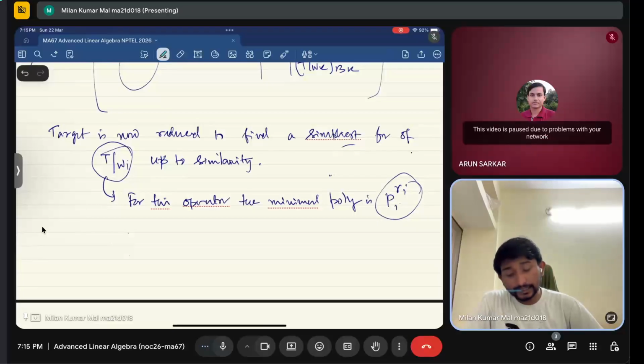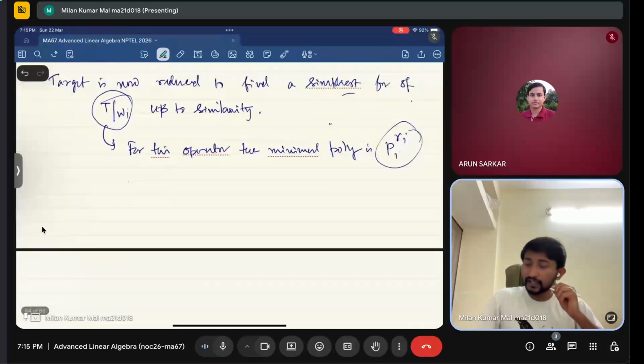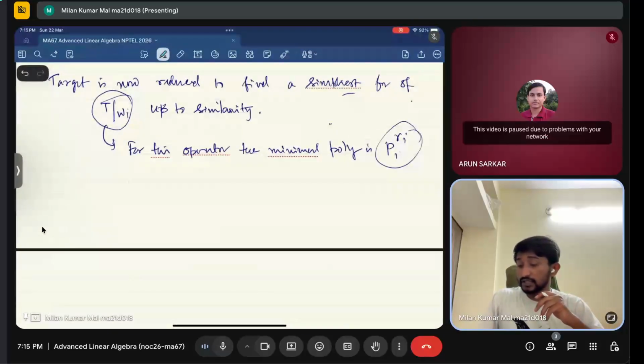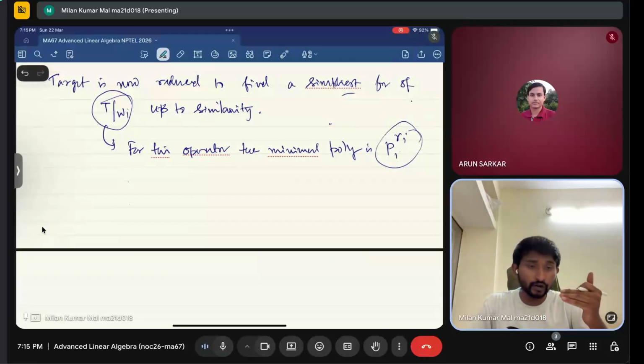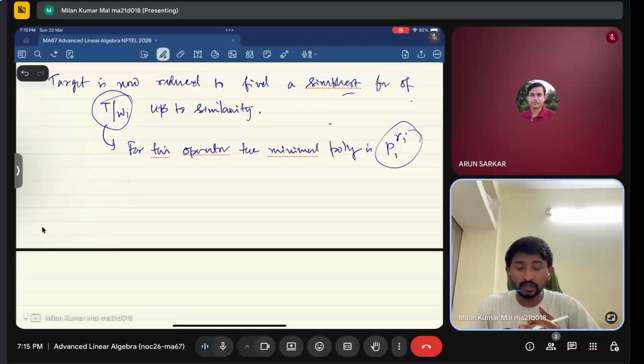In that case, we have the cyclic decomposition theorem. These are the steps through which one gets the Jordan canonical form: first the primary decomposition theorem, then the cyclic decomposition theorem, and then you reach the Jordan canonical form.